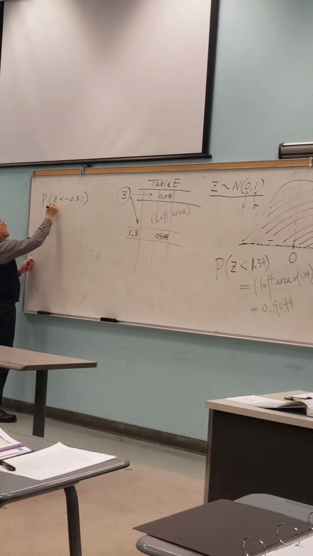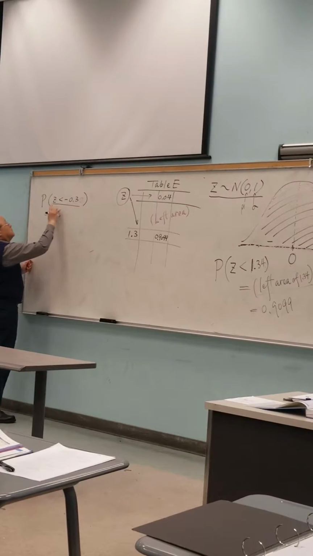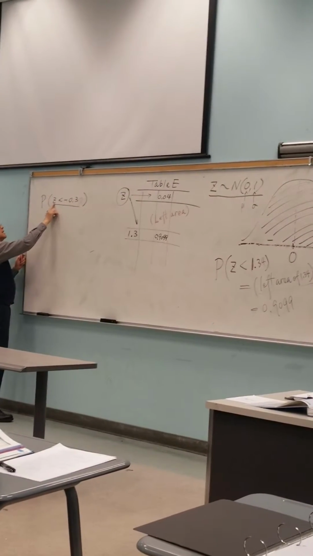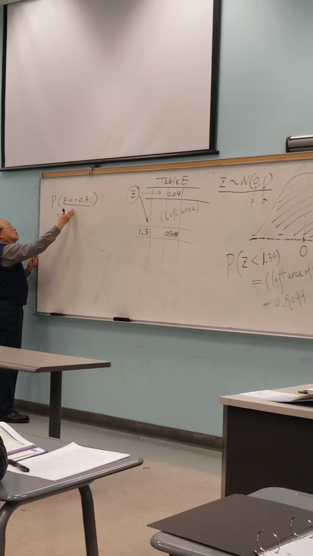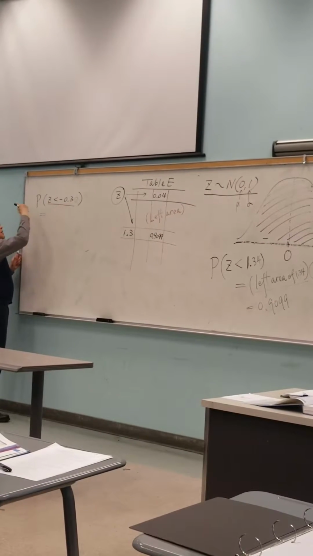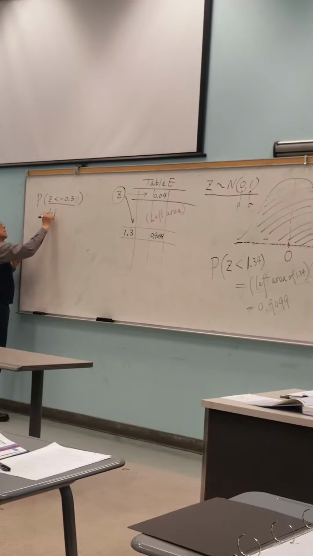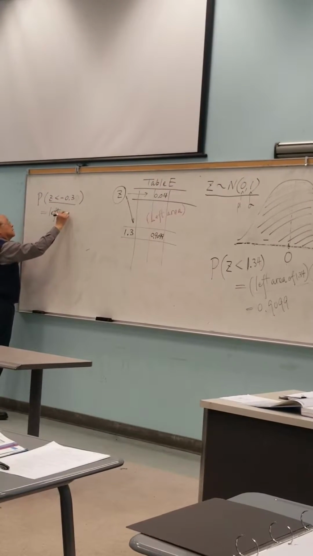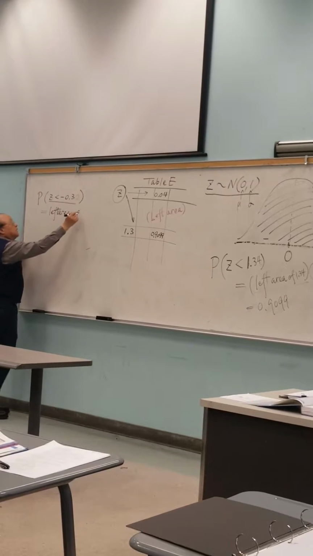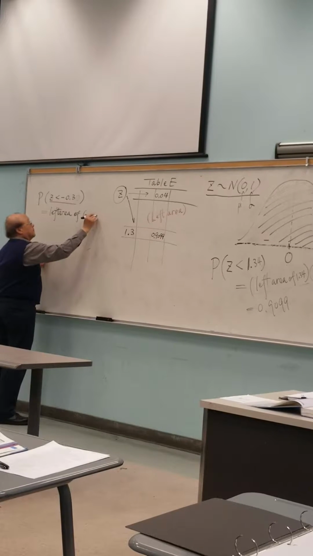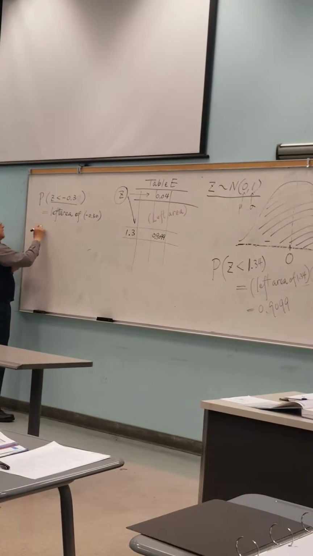If z is smaller than negative 0.3, where are the possible z values? Which side of this point? Left-hand side. So it equals the left area to this point.